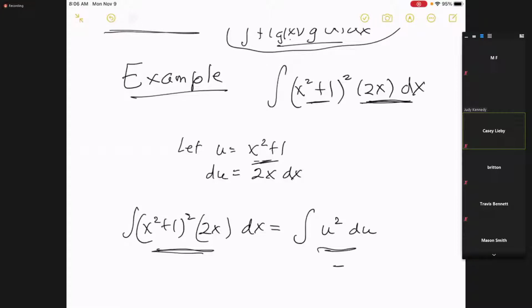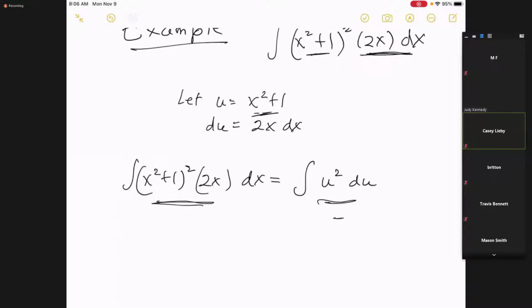It's just absorbed into this u, and it makes the overall picture easier to handle. So the antiderivative of u squared is just u cubed over 3 plus a constant. Then you want to go back to the original variable, x. So the antiderivative is x squared plus 1 cubed over 3 plus c.